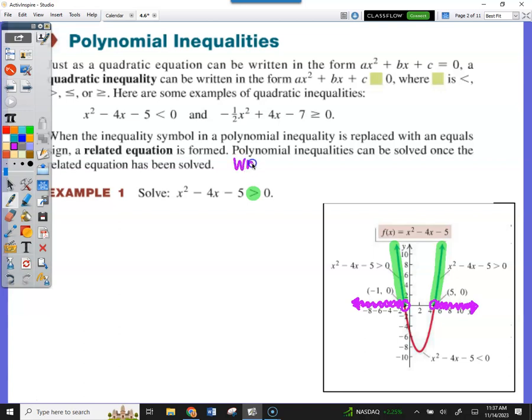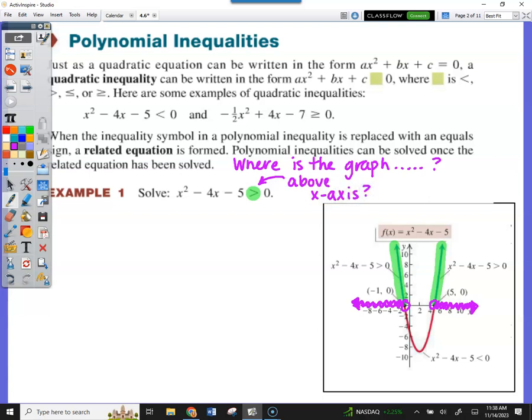Let's take some notes. Where is the graph? That's all you have to ask yourself. And then, of course, it does matter what the inequality says. In this case, it's where is it above the x-axis?